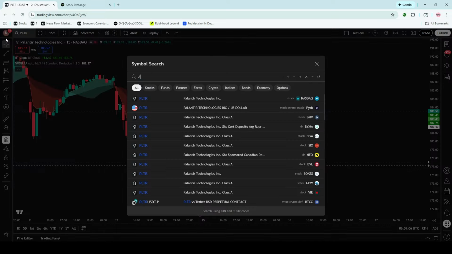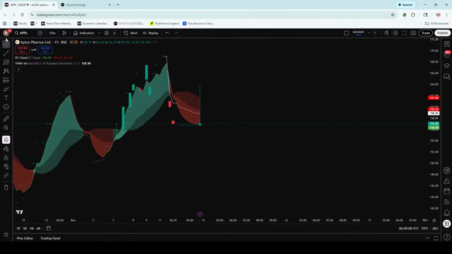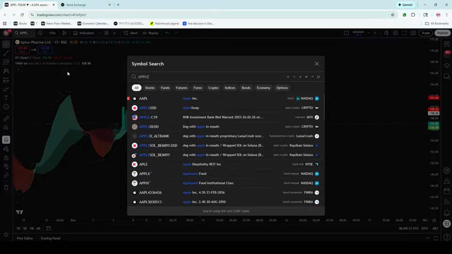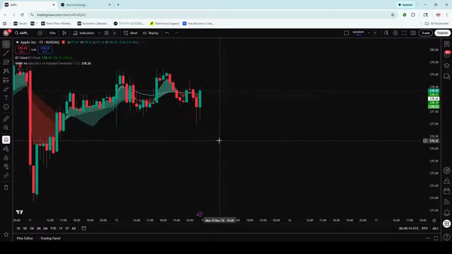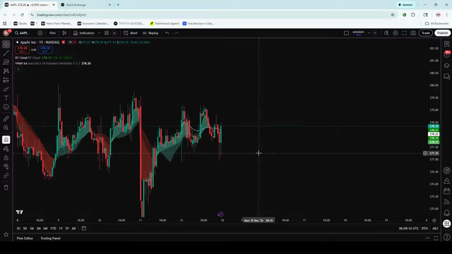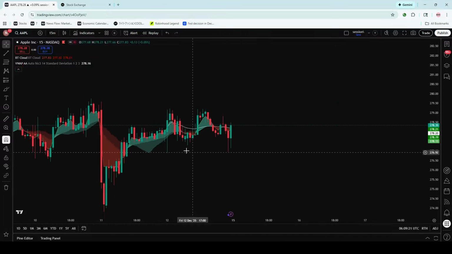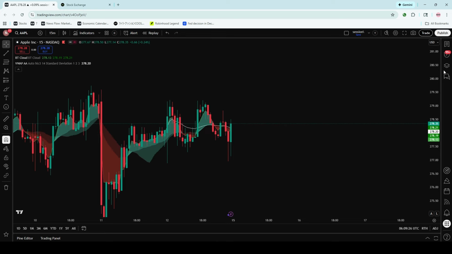Let's see if we can find one more chart here. Okay, well, you can kind of see here, below VWAP, it kept rejecting off VWAP here, as you can see. Just kept rejecting off VWAP.